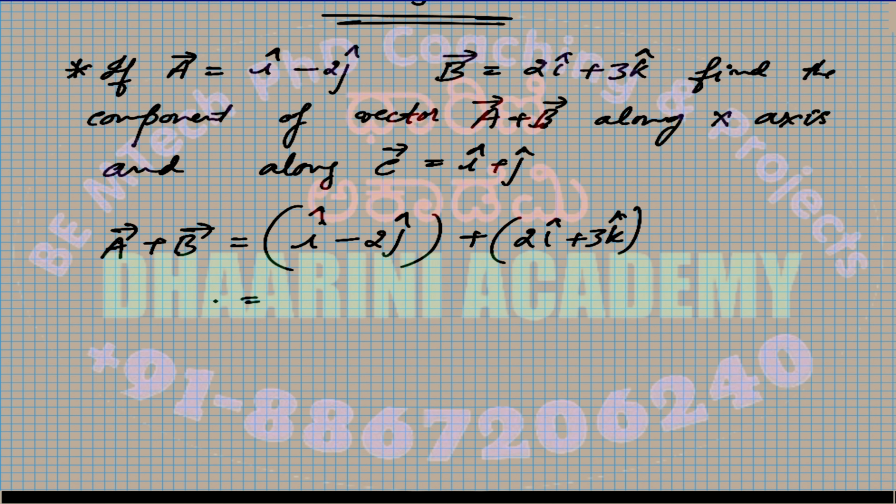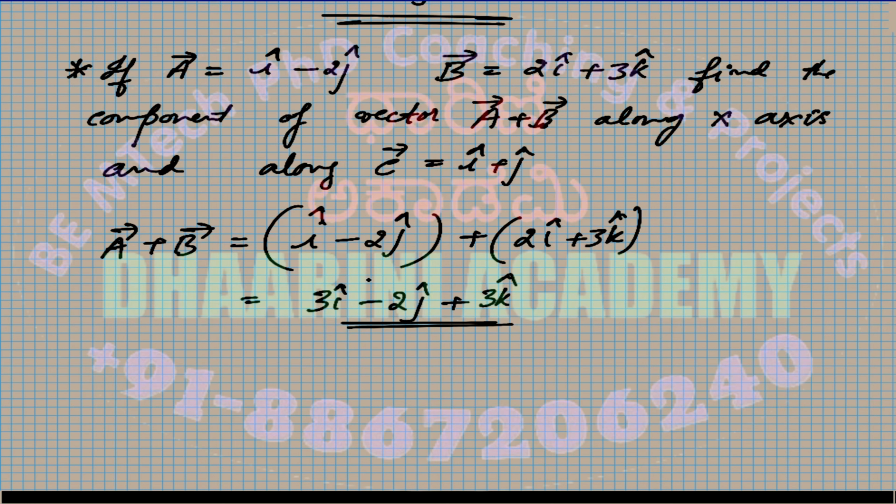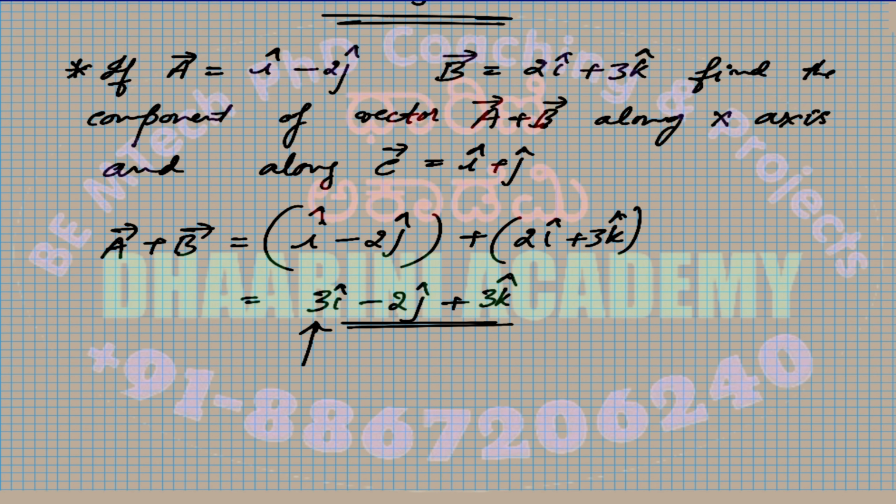The answer comes to be 3 times I cap minus 2 times j cap plus 3 times k cap, which is A plus B. Now, what is the component along x-axis? Whatever is there with I cap, that much is along x-axis, correct?